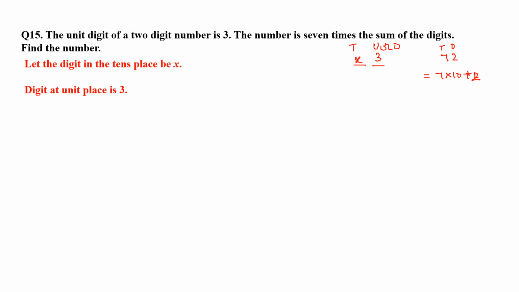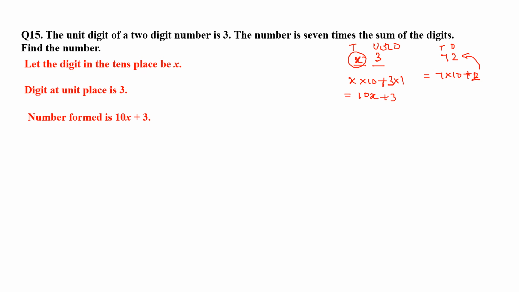And then 7 tens are 70, 70 plus 2 is 72. Like that a number is formed, right? So here also, how will the number be formed? The digit in tens place, which is x, multiplied by 10, plus the digit in unit place, which is 3, multiplied by 1. You will get 10x plus 3. This is your number which is formed.